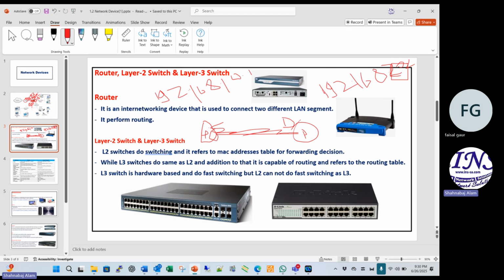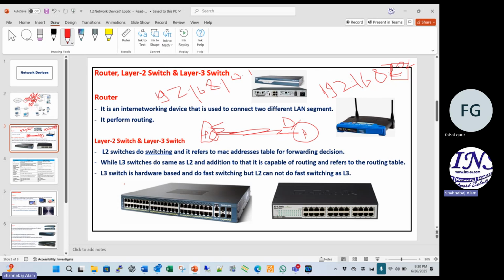So you understand about the layer 2 switch. Now we study the layer 3 switch. It does the same as a layer 2 switch, and additionally it is capable of routing and its logic refers to the routing table.